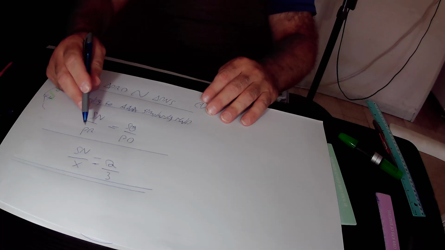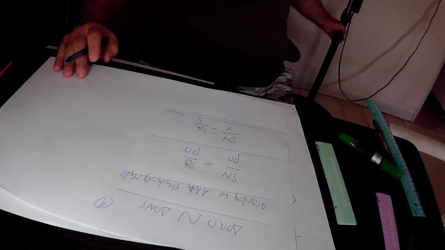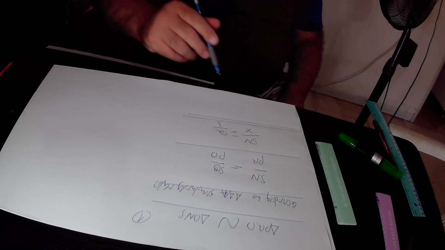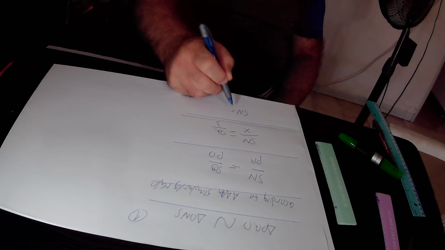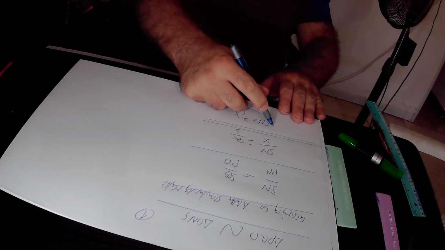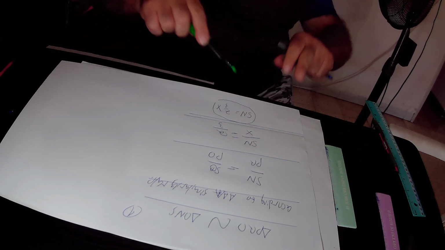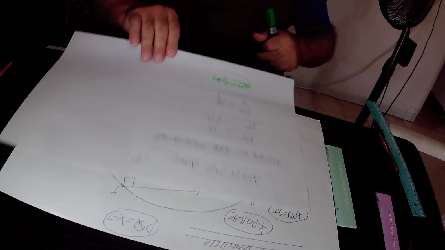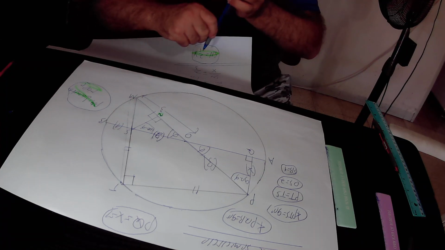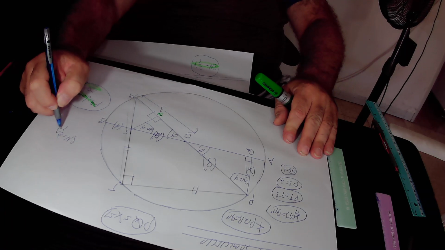Here we will multiply this equation by x, and finally we get that the missing side SN equals 2/3 x. This is the missing side SN that equals 2/3 x. So write it down, SN equals 2/3 x.